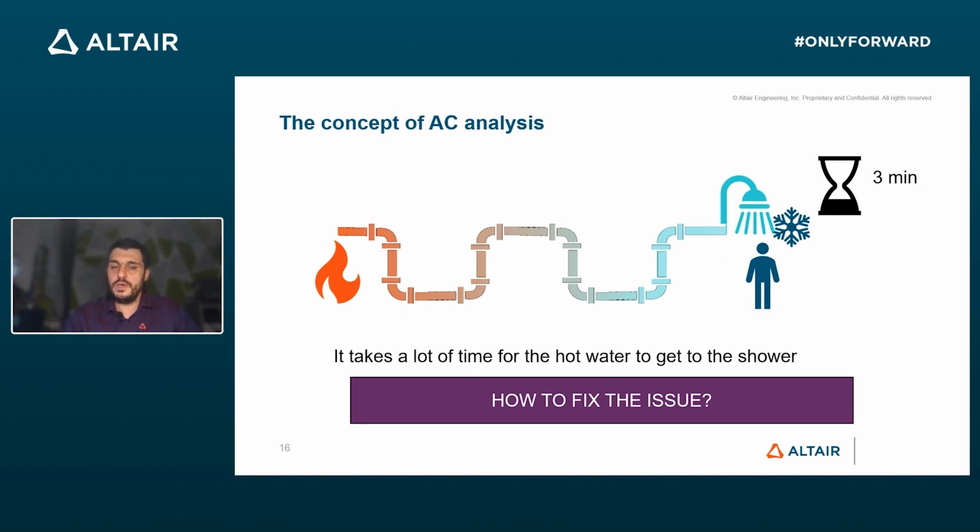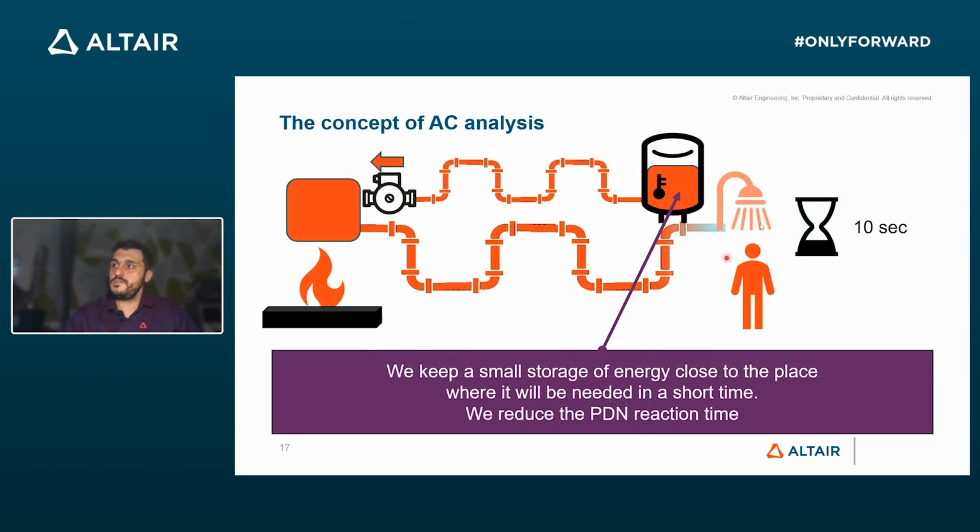What can we do to overcome this kind of issue? We have to place a kind of storage of higher energy very close to the shower. We can, I don't know, mount a boiler and add a very thin pipe that just closes the loop, and there will always be a delivery of high temperature water close enough to your shower.